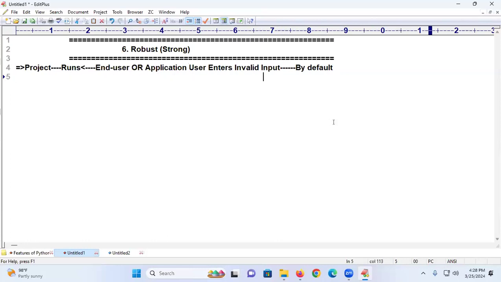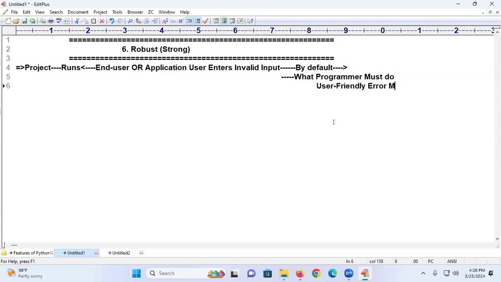Programmatically, what must the programmer do? I'm writing it here. The programmer must develop user-friendly error messages.